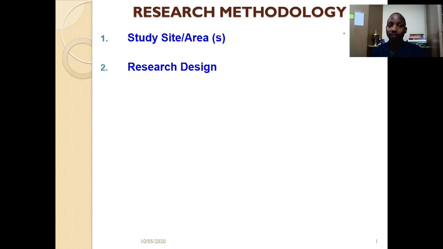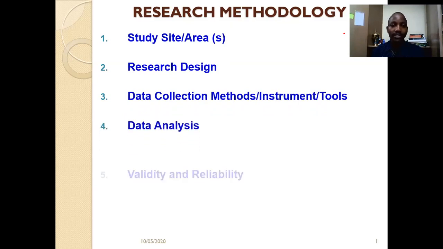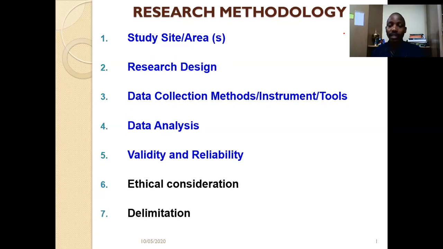We said we have the research design. We will have issues of data collection methods. We'll have data analysis, validity, and the reliability of the findings and the methods that were used for data collection. We'll have issues of ethical consideration and the scope of the studies.